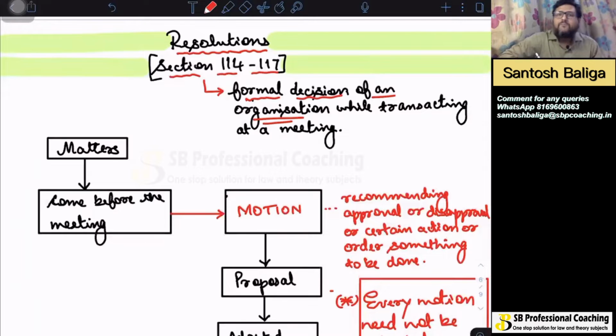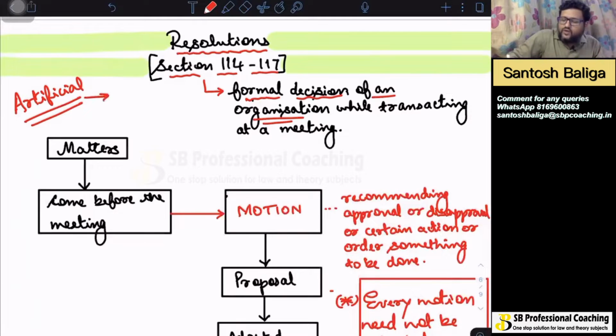See, the company is an artificial person. It cannot itself take decisions. Hence, for taking decisions, meetings are required to be held. And in such meetings, the owners of the company who are the shareholders would approve any business decision which has been proposed by the board of directors.